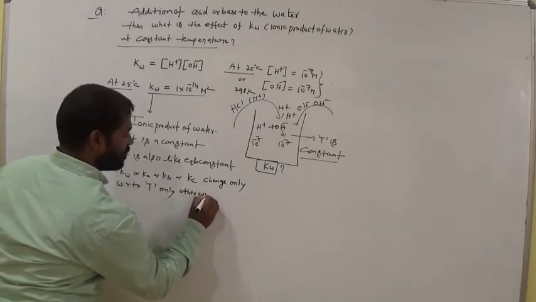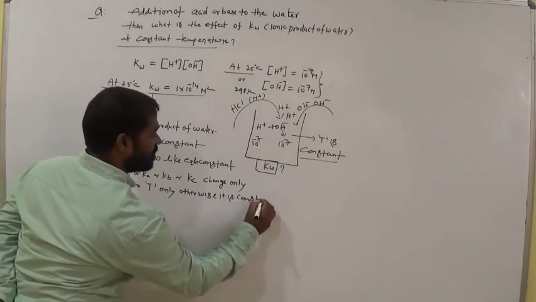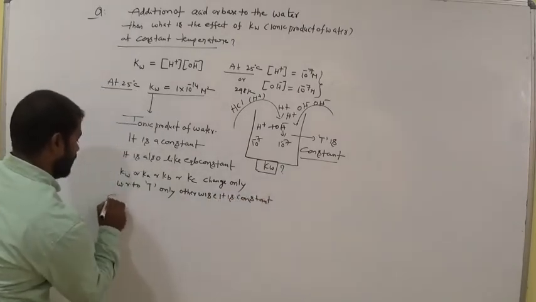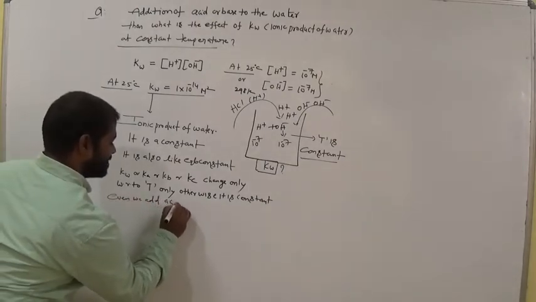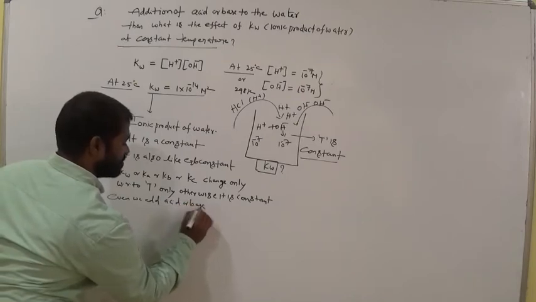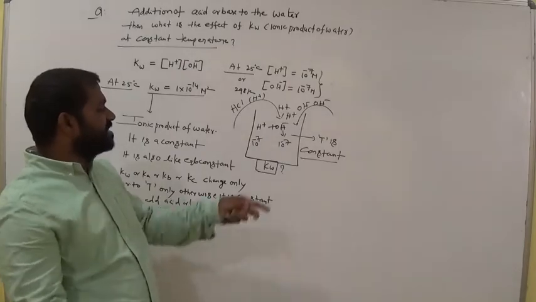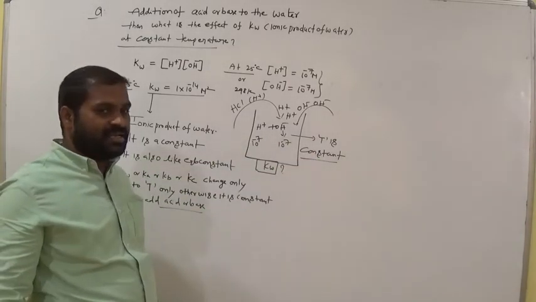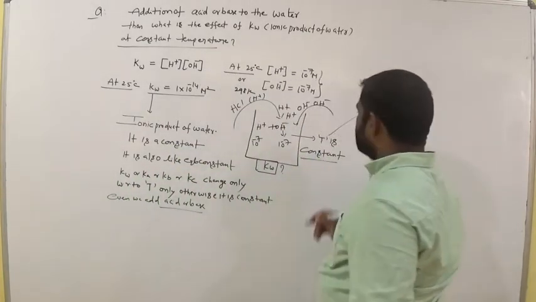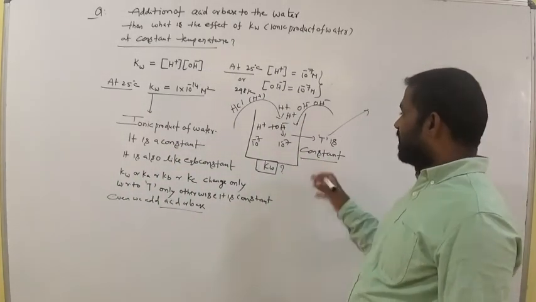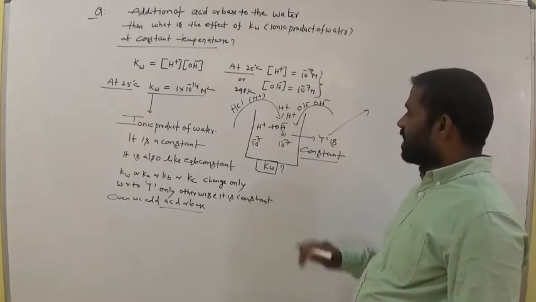Otherwise it is constant, even if we add acid or base. So is there any change in Kw at constant temperature? There is no change in the temperature. Temperature is constant, so there is no increase or decrease in the temperature, so there is no change in the Kw value.